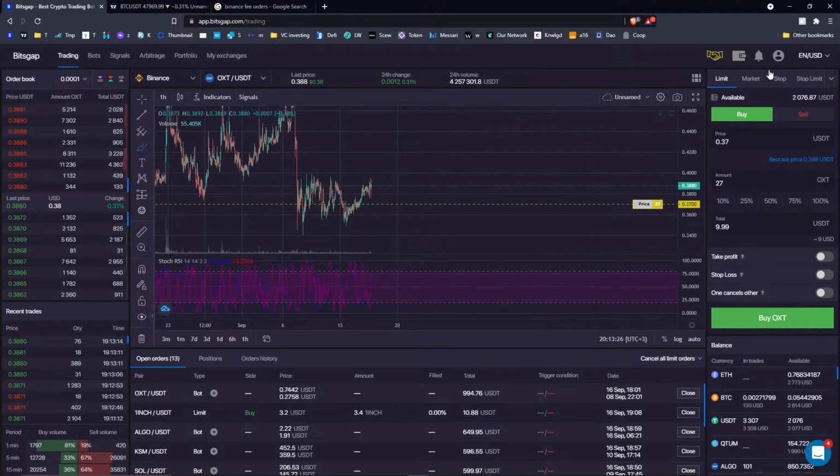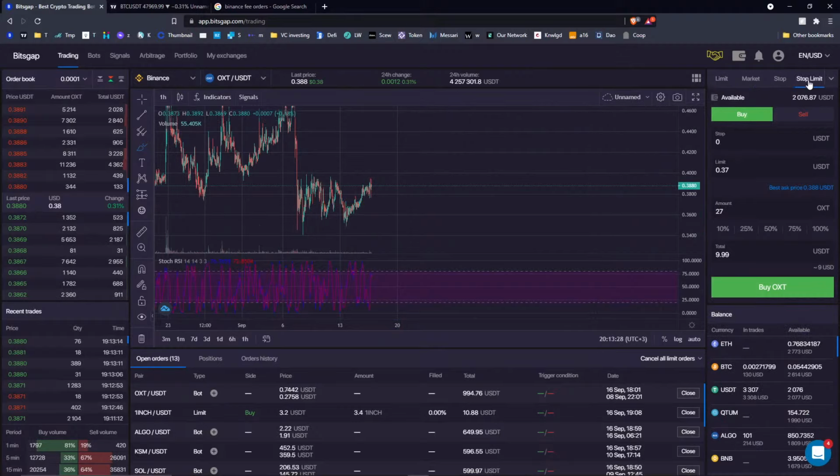As simple as that. So now you have this stop limit, which is a bit more complicated than a typical limit order, because you now have this extra information that you need to feed the exchange with, and it's also known as the conditional price.